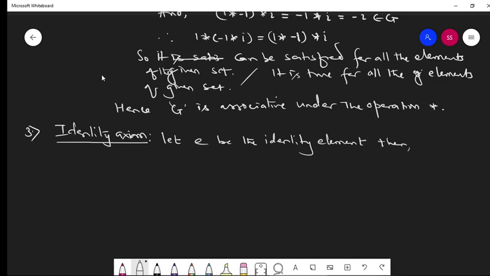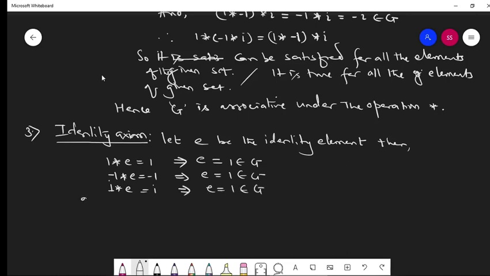Then 1 asterisk E equals 1, which implies E equals 1, which belongs to Z. Minus 1 asterisk E equals minus 1, that implies E equals 1 belongs to Z. I asterisk E equals I, that implies E equals 1 belongs to Z, and minus I asterisk E equals minus I, so E equals 1 belongs to Z. Hence in all cases we find the identity element is E equal to 1.